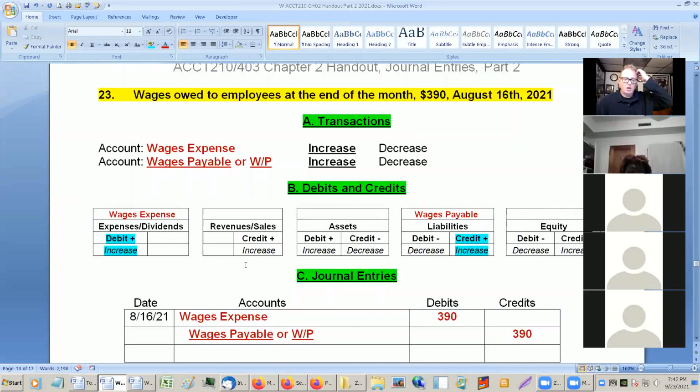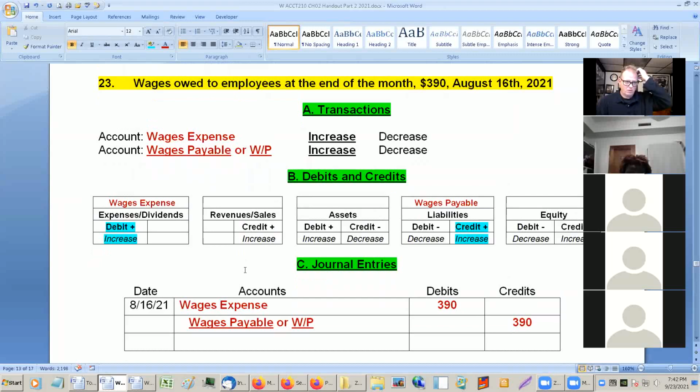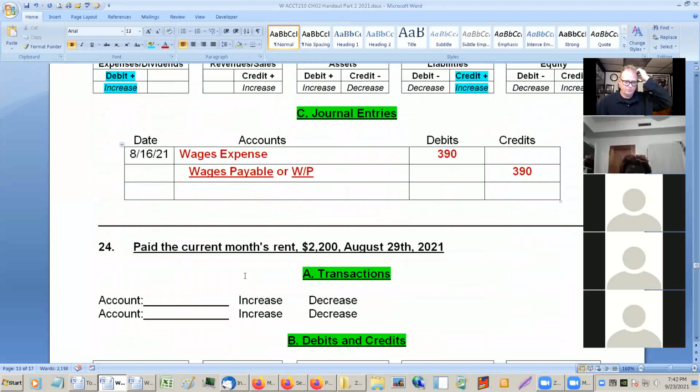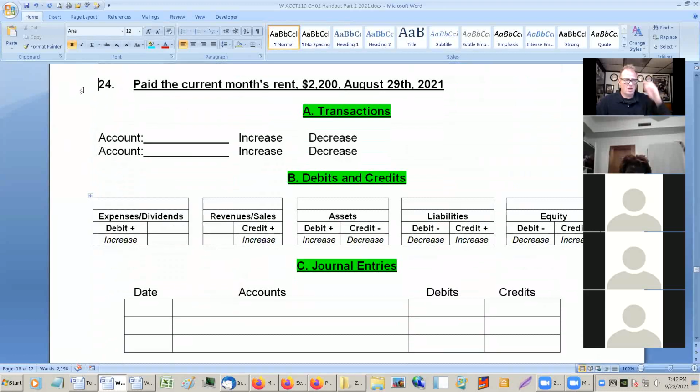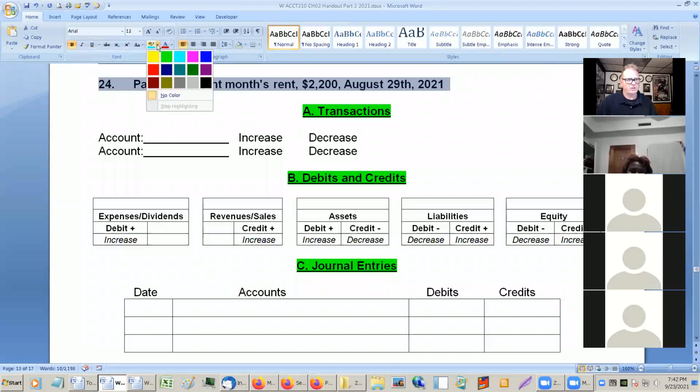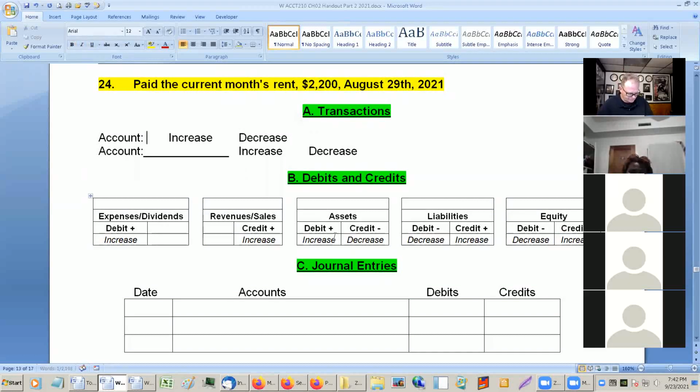Expense. Was it debit? Paid the current month's rent. So we've got rent expense and paid with cash. Yep. So rent expense and cash.